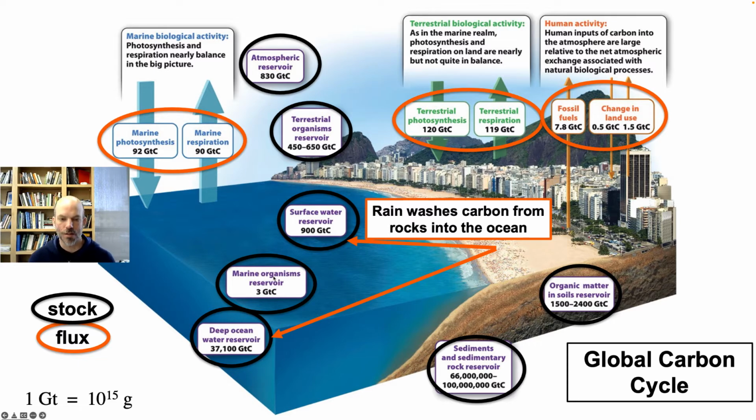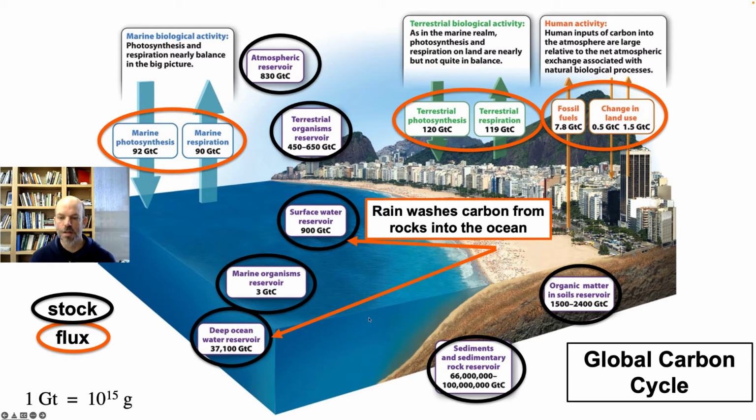Like the amount of carbon in whales is tiny compared to the amount of carbon in microbes. And then most of the carbon is actually stored in the deep ocean. And that's simply because the deep ocean is really, really big compared to the surface ocean. And over about thousands of years, about a 1,000-year time scale, most of the carbon is stored in the deep ocean.